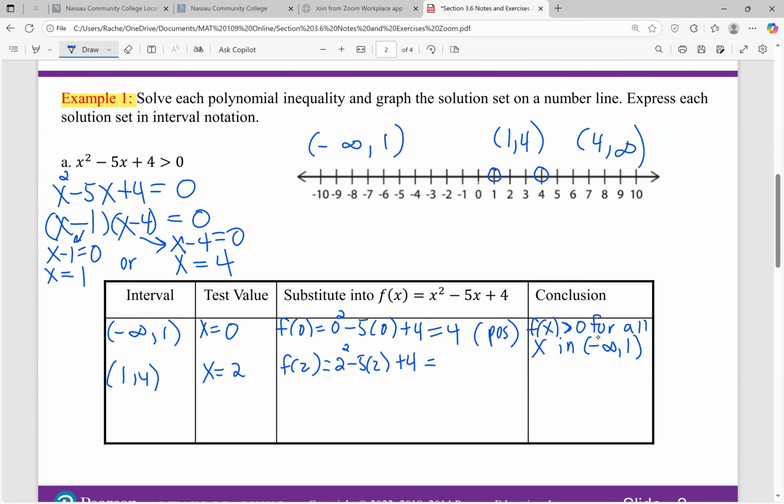All I'm doing is substituting 2 into my function. So we're going to get 2 squared is 4 minus 10, which is going to be -6, plus 4 is going to be -2. So we end up getting a negative answer.